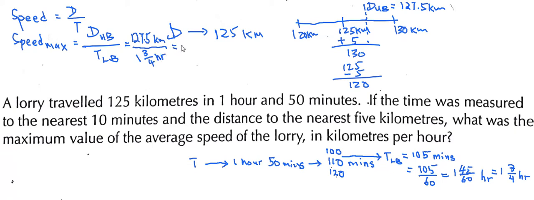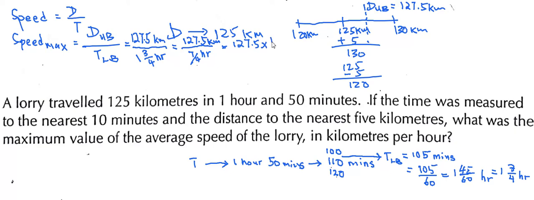If you don't want to use a calculator, you can proceed to do it manually. So this is actually 7/4 hour. I mean 127.5 kilometer divided by 7/4 hours. Okay, so they can be simplified further.